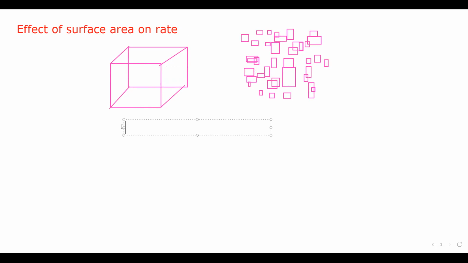So this is a lump, this is a powdered form or granules. Which one is having a large surface area? The total surface area when you calculate. Lump or powder? So powdered is having a large surface area.